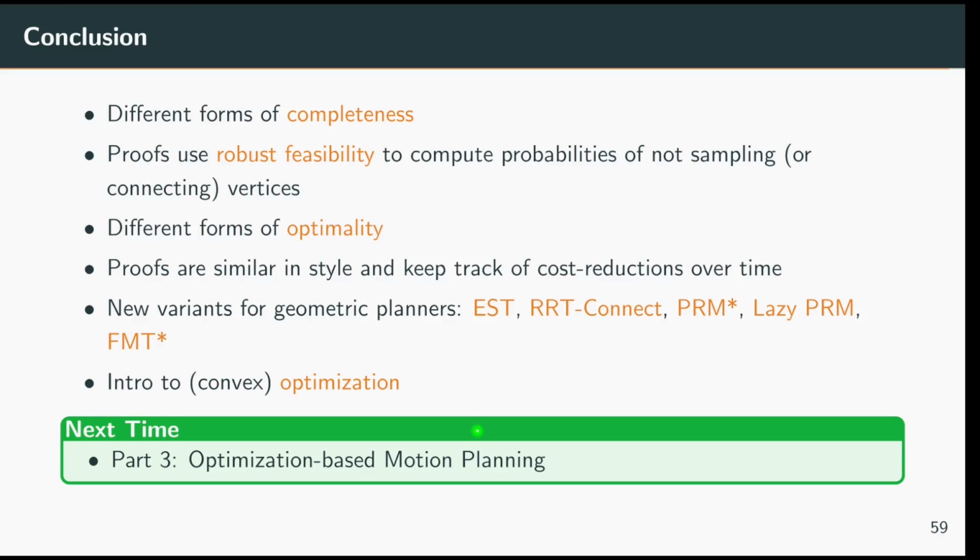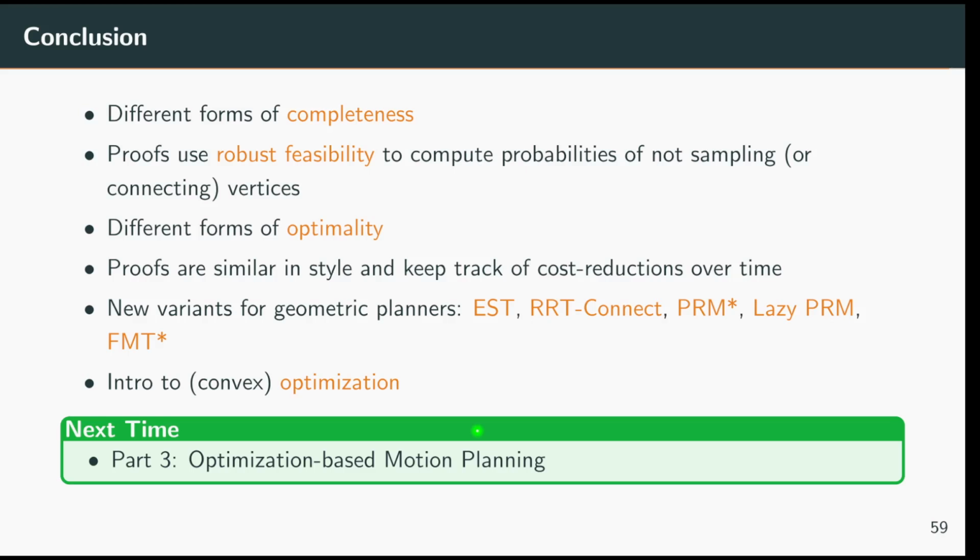And maybe the main purpose was to give you an intuition on how these proofs work. And most of them are very similar in style and tools they use, just very basic probability theory and making sure that the probabilities are non-zero.